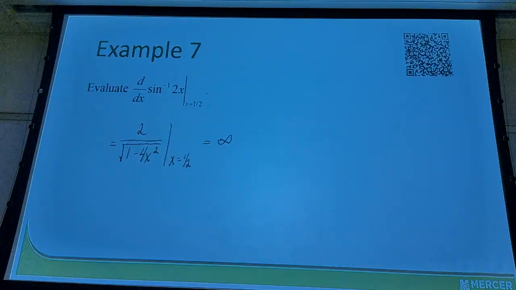Good. Great. That's implicit differentiation of inverse trig functions. So that means you should probably, on that reference sheet, write out all the rules for differentiation. Right, because there's a lot of them.